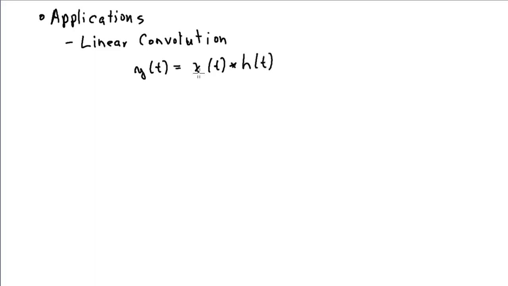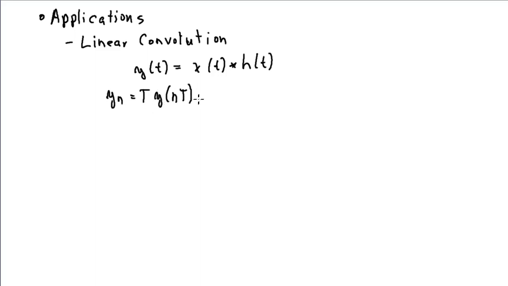We know that the output of a linear time invariant system can be found by convolving the input x of t with the impulse response of the system. We can approximate these time domain waveforms by sampling them.